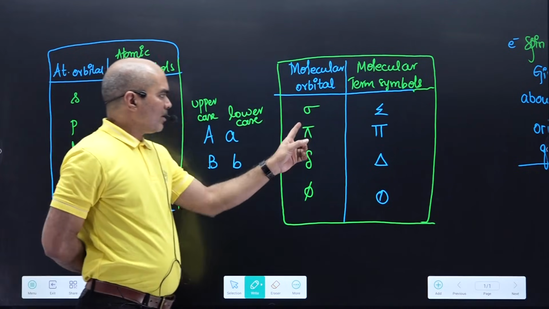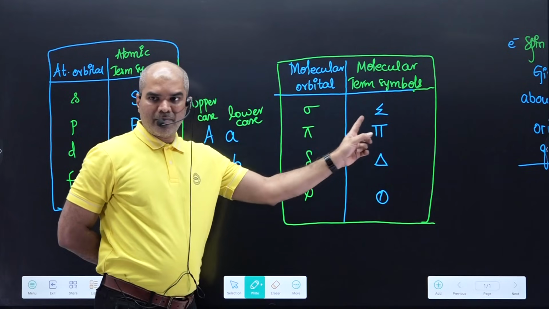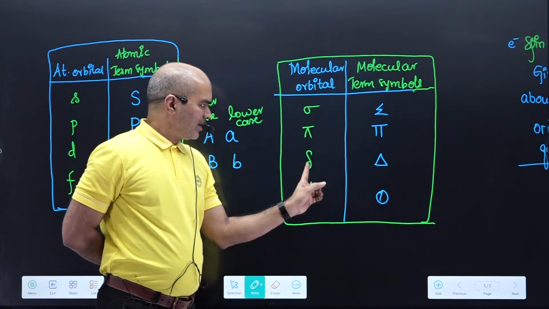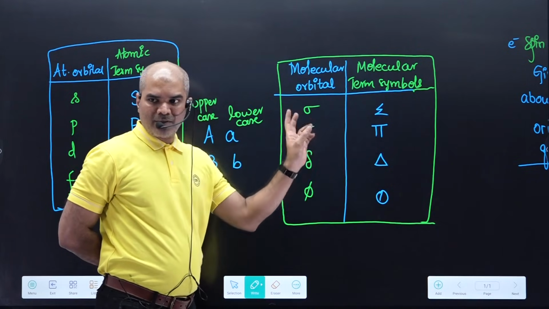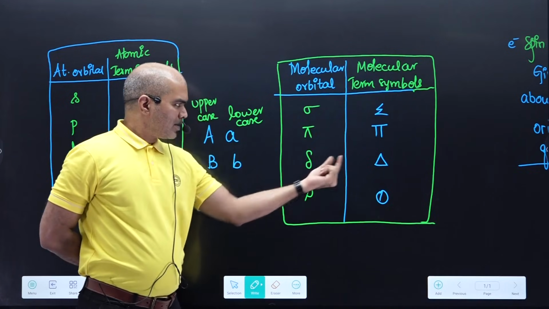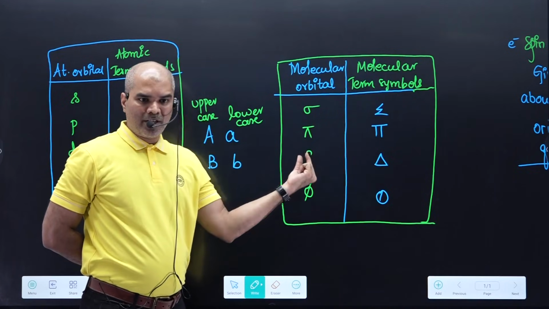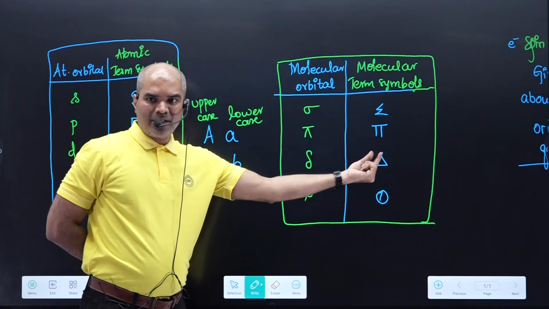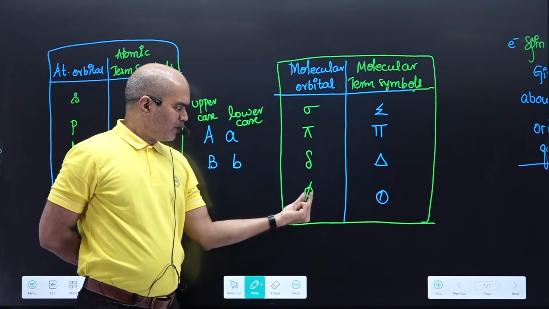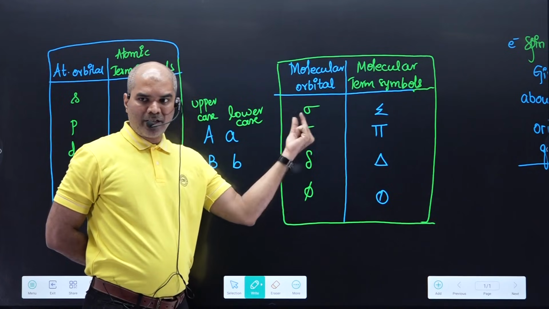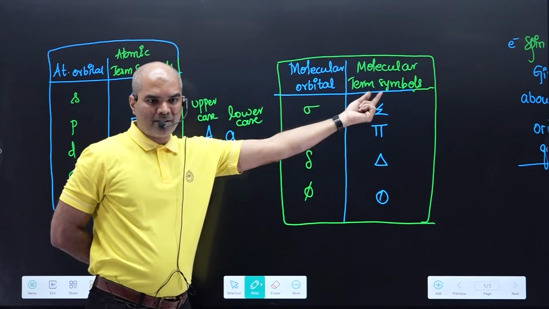Suppose I take pi, this is lowercase, uppercase. Or delta, small letter, capital letter, what we call lowercase, uppercase. Small phi, capital phi. Small pi, capital pi. Small sigma, capital sigma.